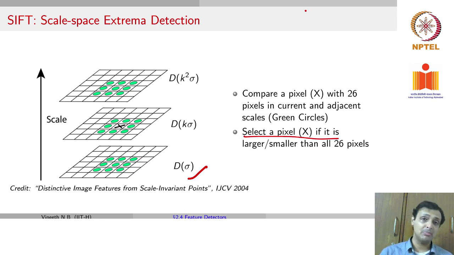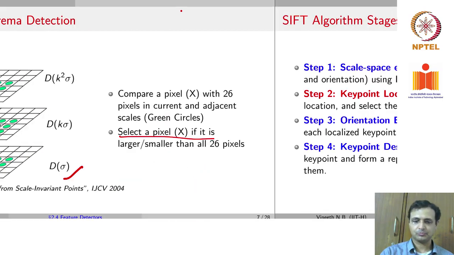So you select both the minimum and the maximum of all of those 27 pixels in a spatial and scale neighborhood. That's why we call this scale space extrema detection. So we are trying to detect extrema in both scale and space.